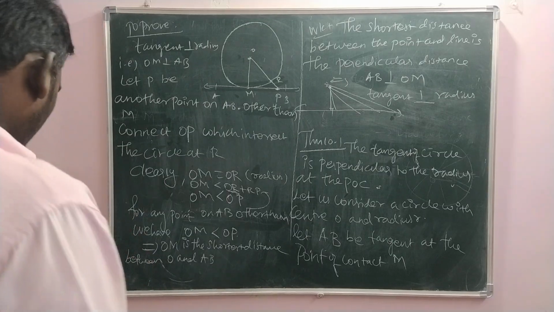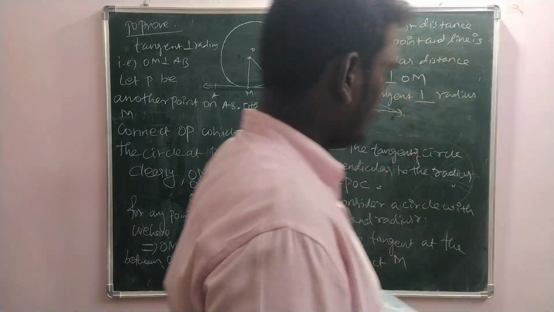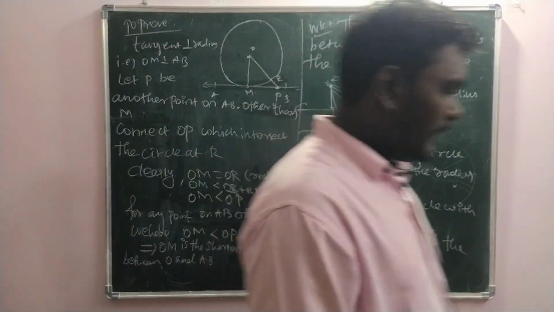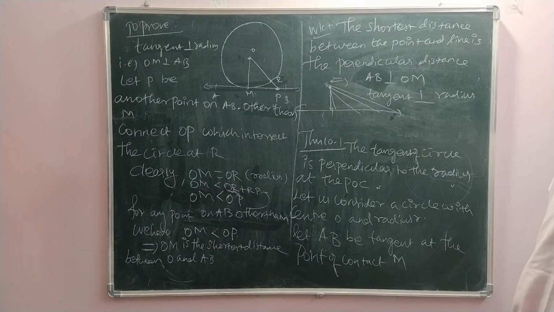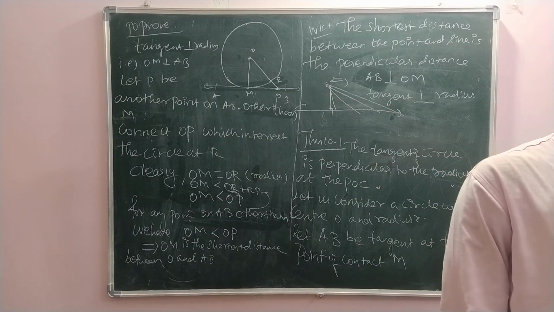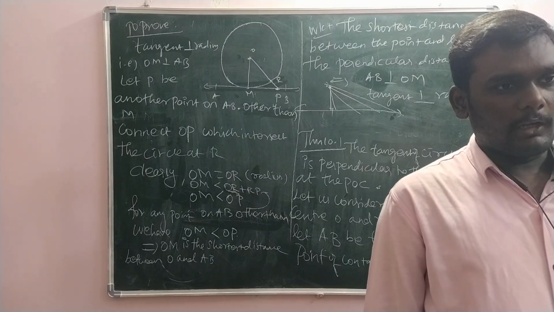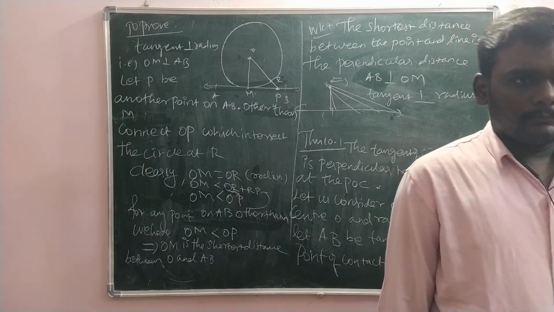Okay, now look at exercise 10.1, which states how many tangents can a circle have? It's the first question. How many tangents possible?